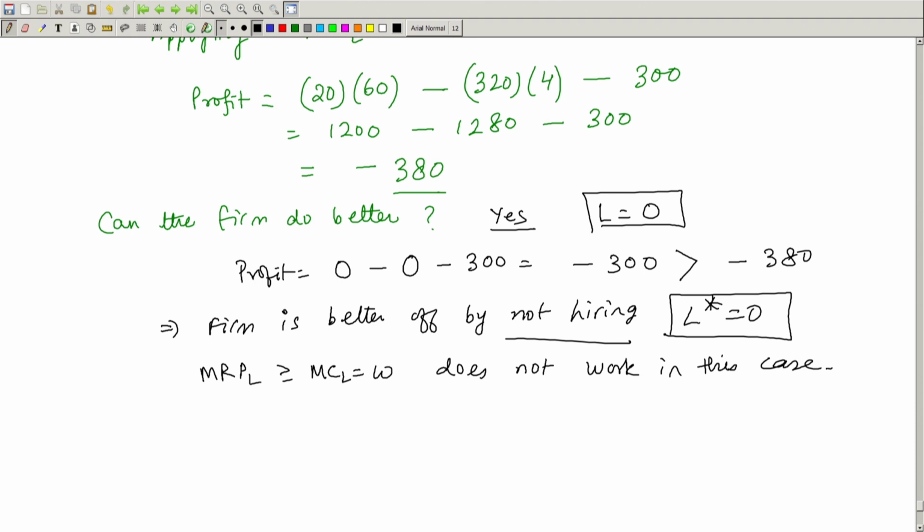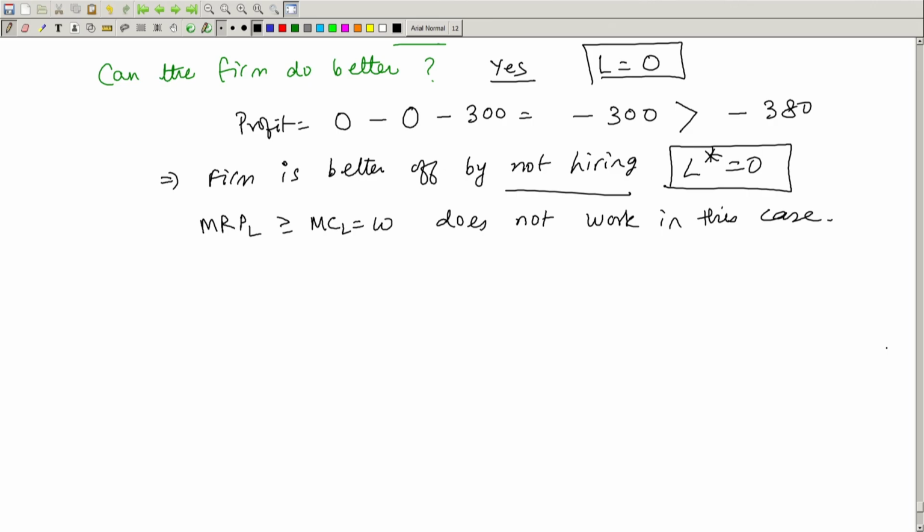So, let us try and understand why the marginal revenue product equal to the marginal cost of labor rule worked in the previous example, but is no longer working in this case.